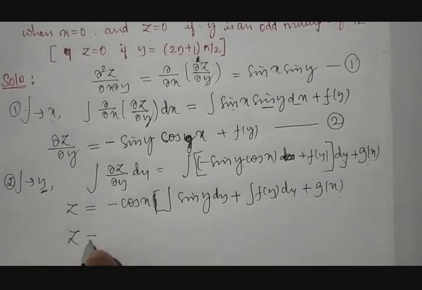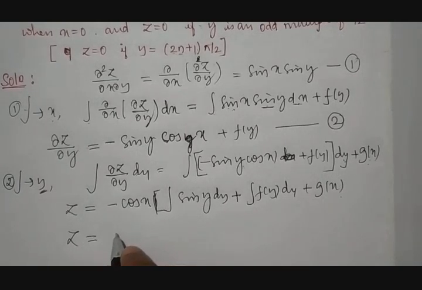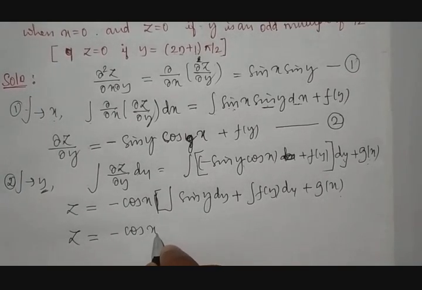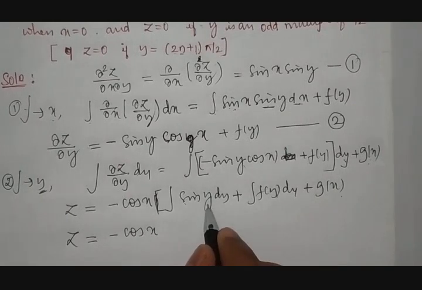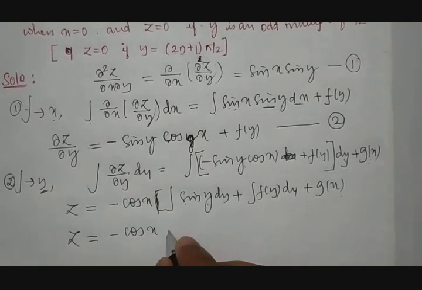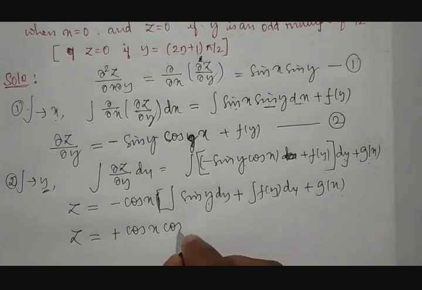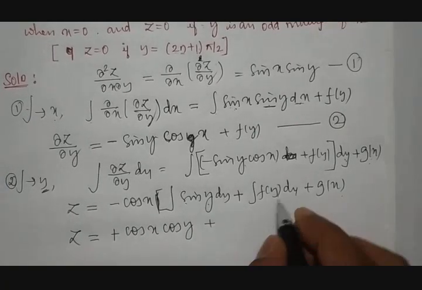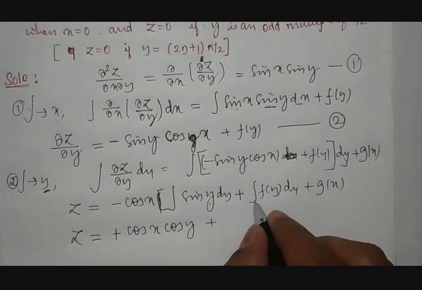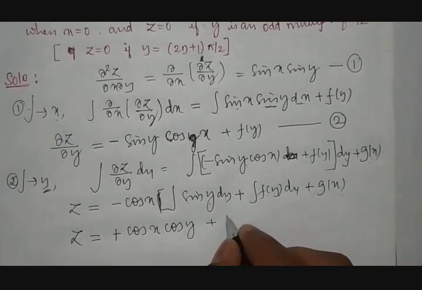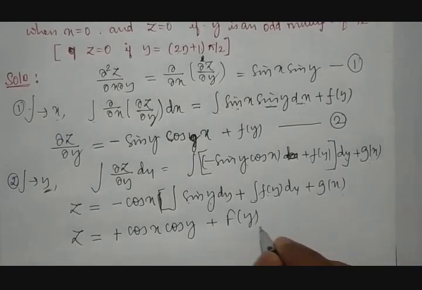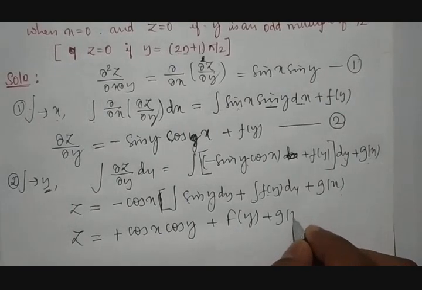Therefore, z is equal to minus cos x constant. The integration of sin y with respect to y will be minus cos y. So minus of minus becomes plus cos y, plus we take the integration of f(y) with respect to y as the notation capital F(y), plus g(x).